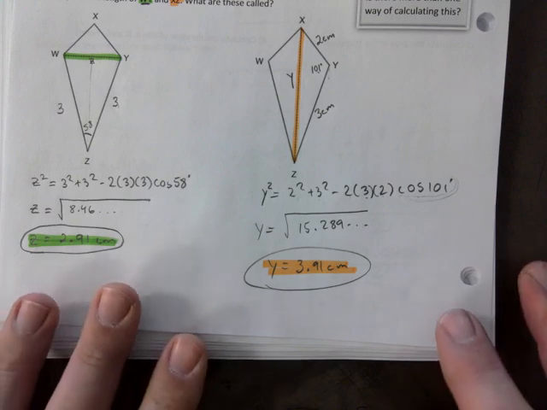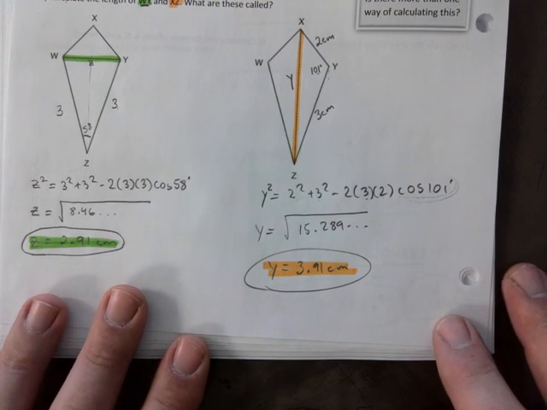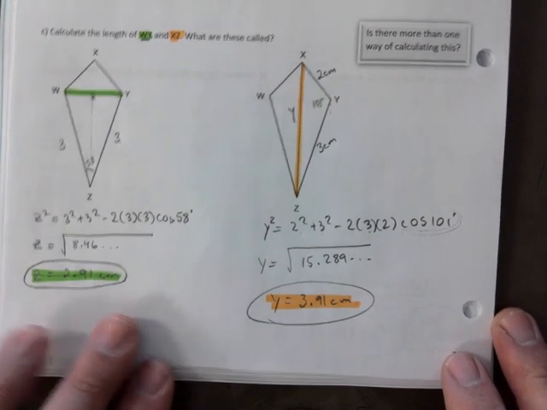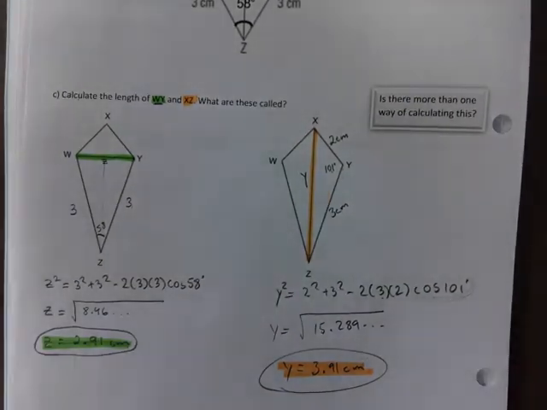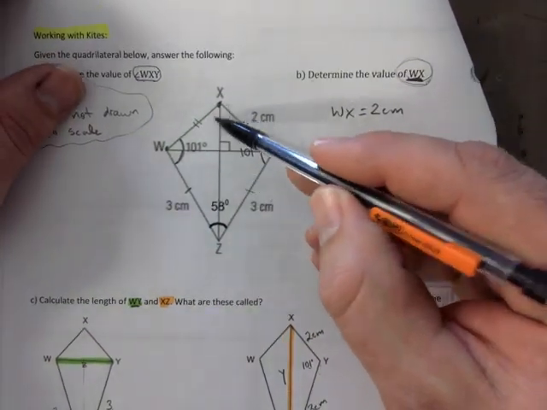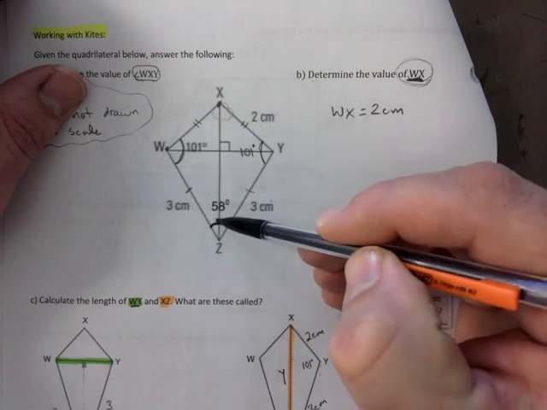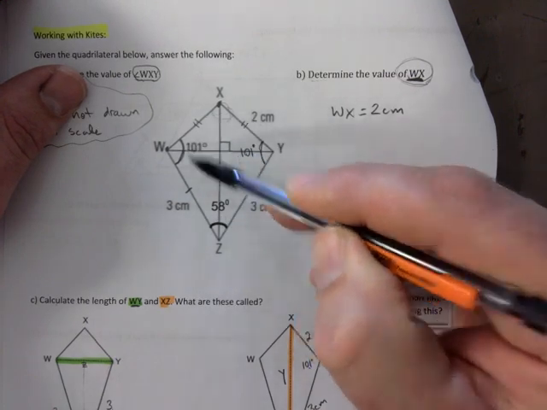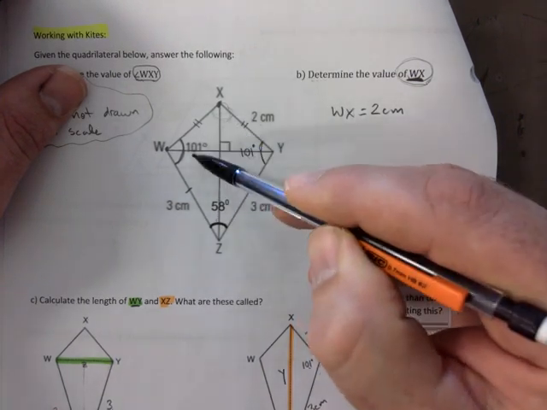Okay. Before I move on, I just want you to know how to do this part. I asked you to omit it to not add some confusion to this if you were to use this angle up here. But what do all 4 angles add up to for a kite or for any 4-sided shape?